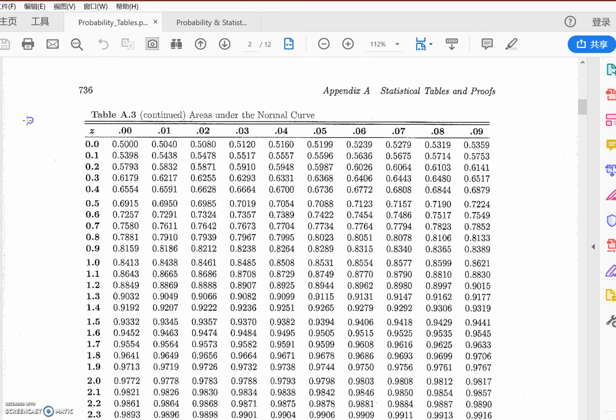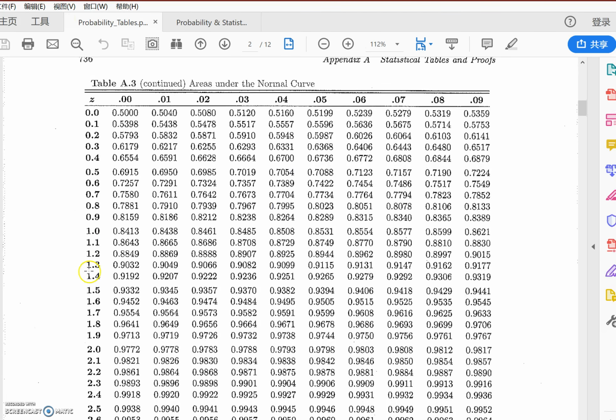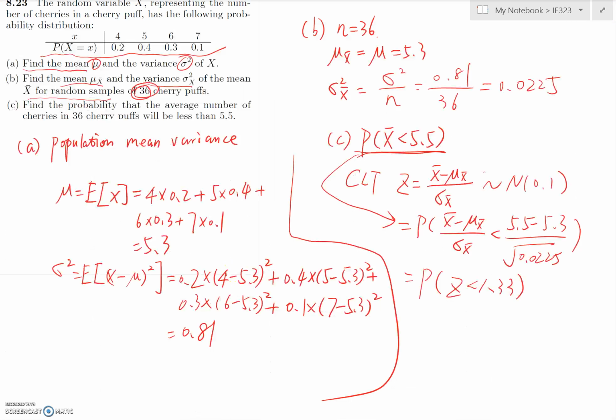So here is 1.30, 1.31, 1.32, 1.33. So 9082 is the value we want. So this value equals 0.9082. That's the answer for this question.